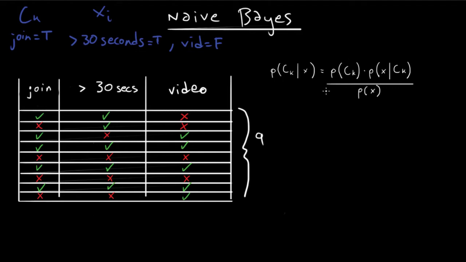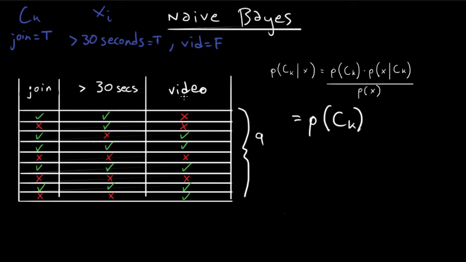Now we can go to our main equation here and start filling in these different terms. So if our selected features are looking at cases where people have actually stayed longer than 30 seconds and they have not watched our video, and our selected class is cases where people have in fact joined, now we want to look at the probability that people have actually joined.